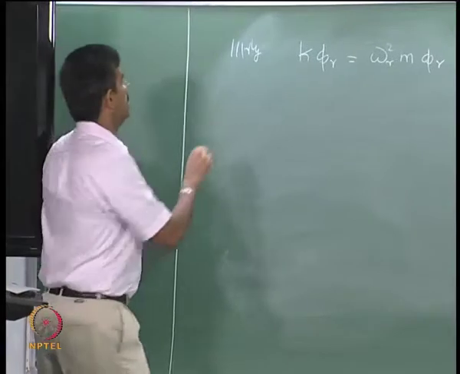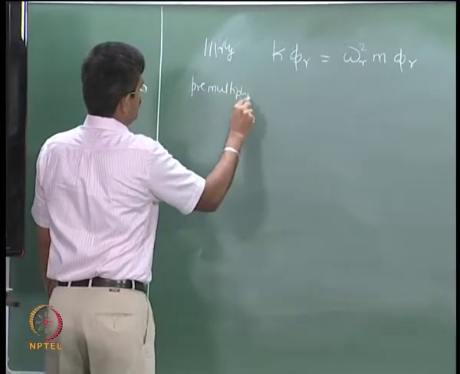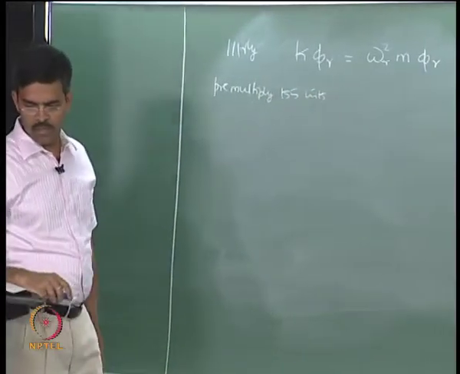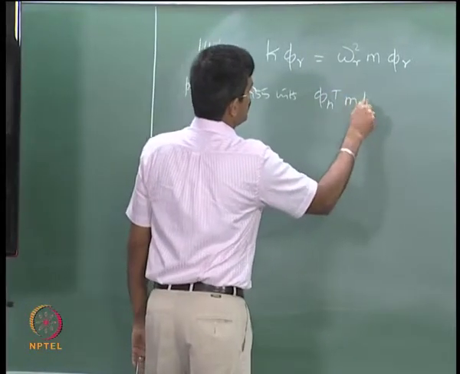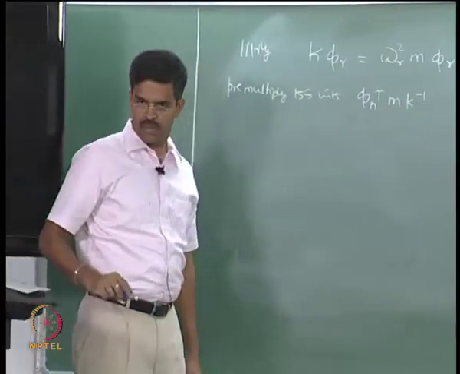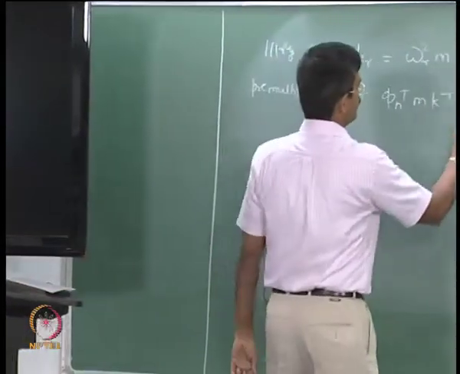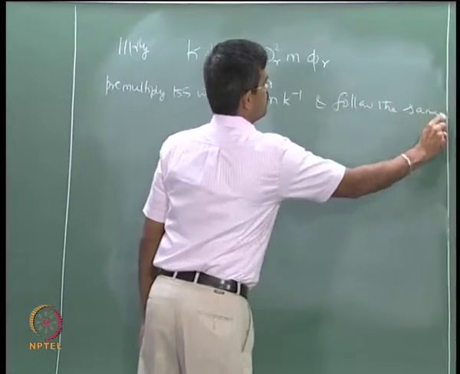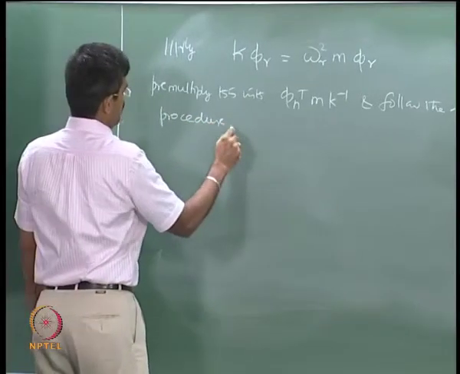I pre-multiply this with phi n transpose m K inverse on both sides. I am just reversing it and following the same procedure as above.